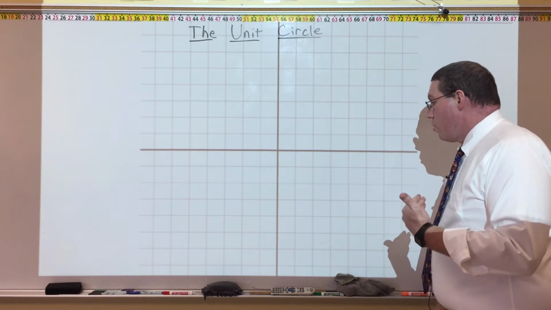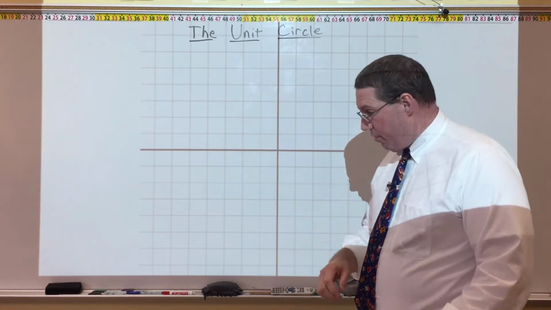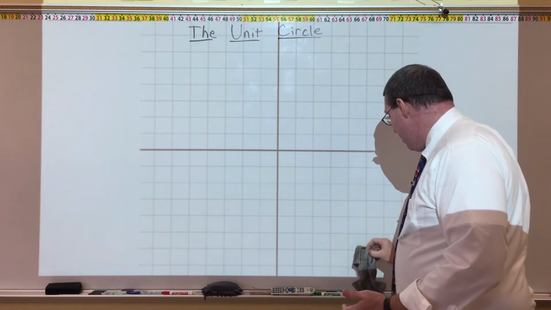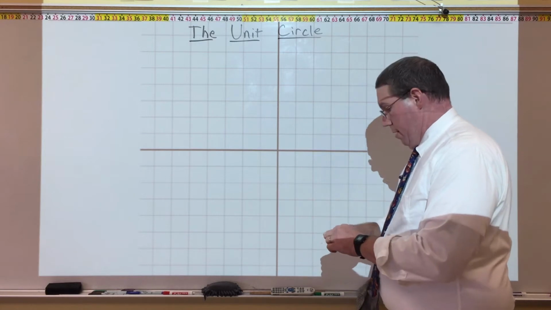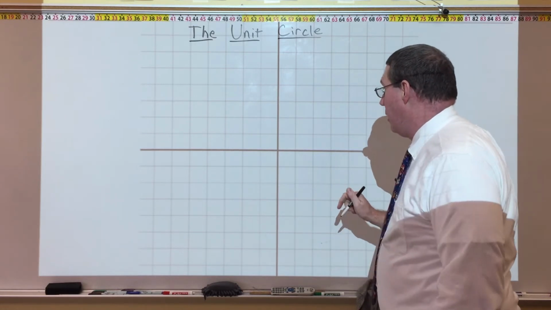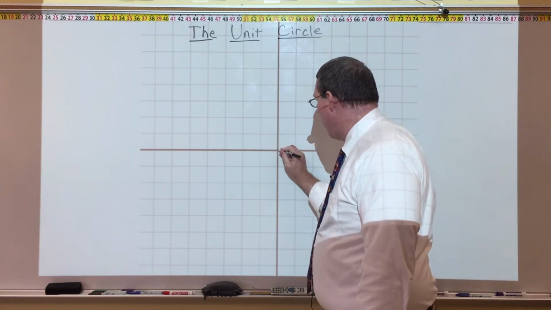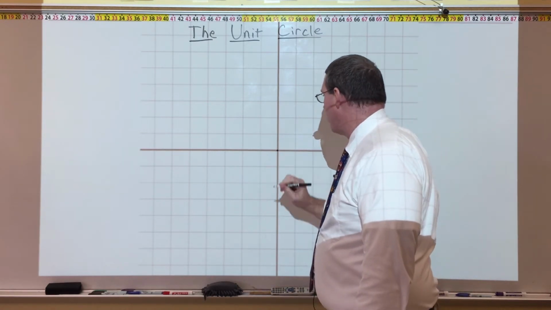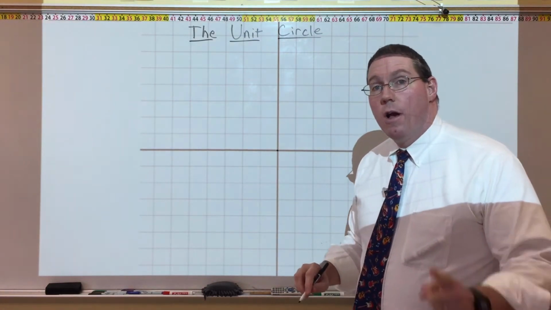Okay. So the unit circle is actually just a circle on the coordinate plane that has its center at 0, 0. Okay, so the unit circle has its center at 0, 0, and it has a radius of 1.